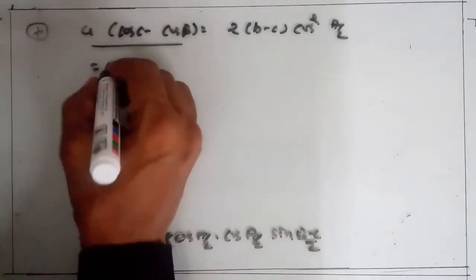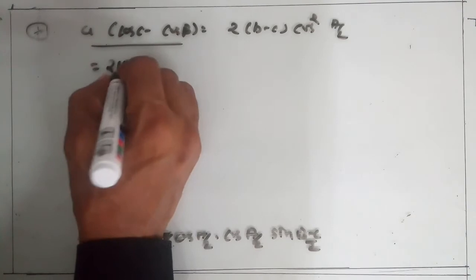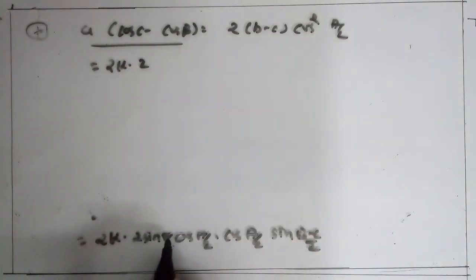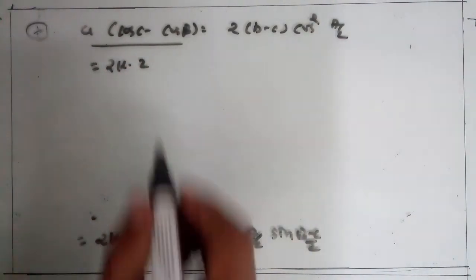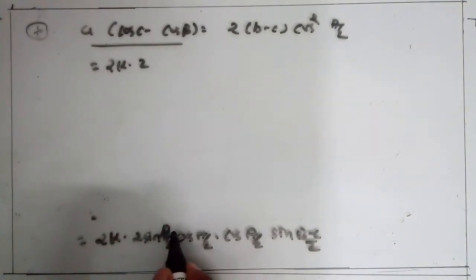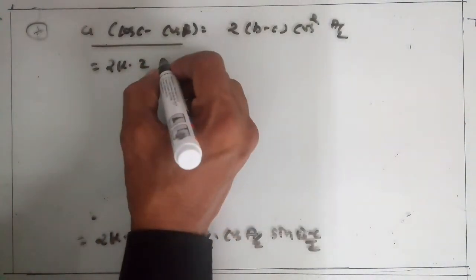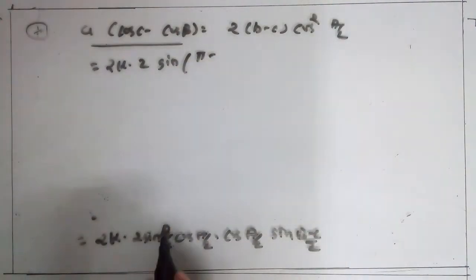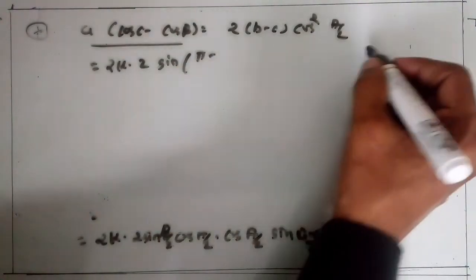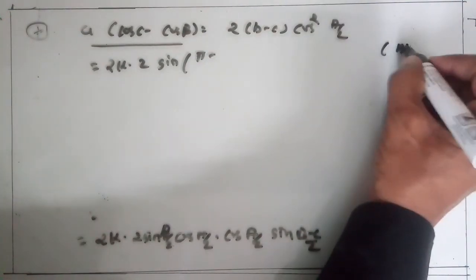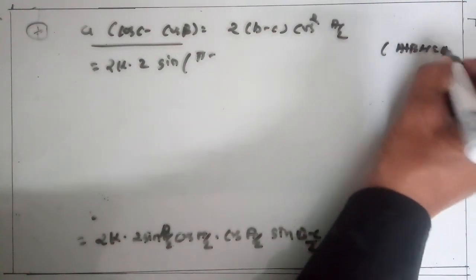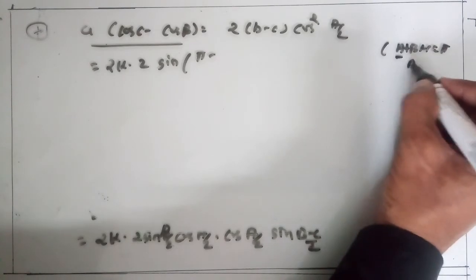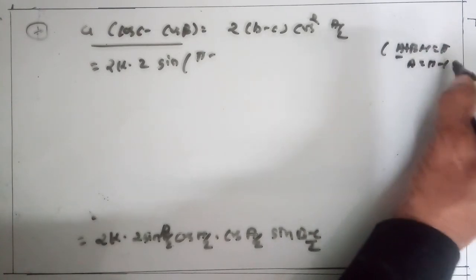So here, 2k into 2 sin A by 2. Here this A by 2 changes into B and C form, sin of pi minus A. You know that A plus B plus C is equal to pi, so A is equal to pi minus (B plus C).